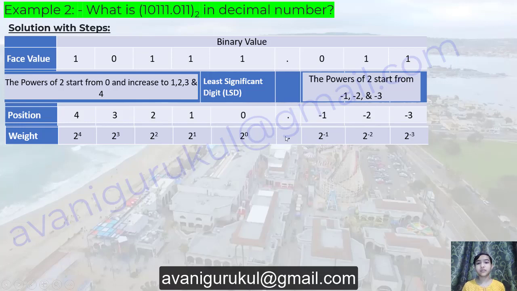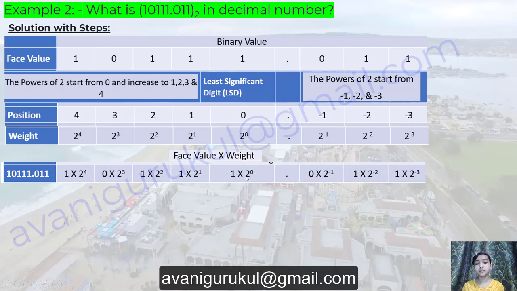Its weight from the left side of point is 2 to the power 0, 2 to the power 1, 2 to the power 2, 2 to the power 3 and 2 to the power 4. For the right side of point it is 2 to the power -1, 2 to the power -2 and 2 to the power -3.